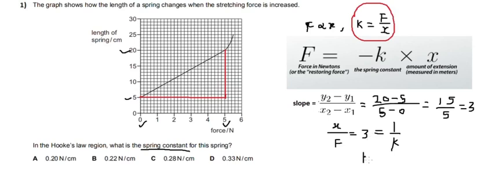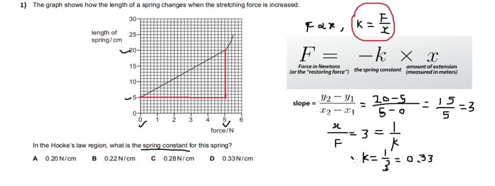So for the k value, if I take the reciprocal of 3, I will get 1 by 3. That comes out to be 0.33, with the 3 recurring, so we can say recurring 3 or 0.33.